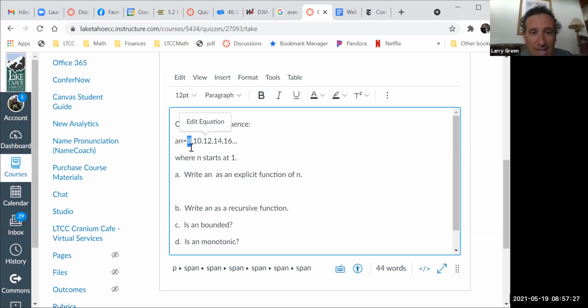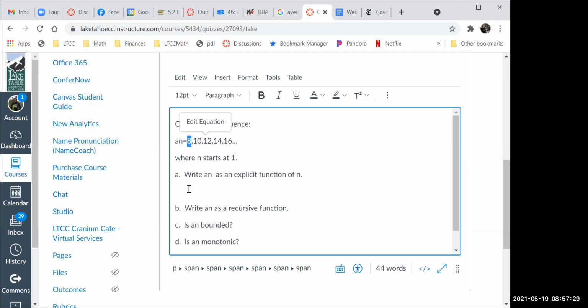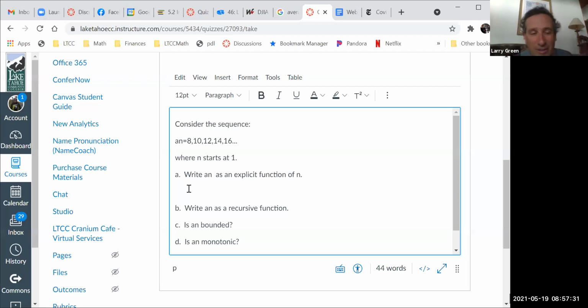Okay, so if you recognize it as an arithmetic sequence, then you've got to remember the formula for an arithmetic sequence. A_n is equal to the first term plus the difference, sometimes called D, the common difference.